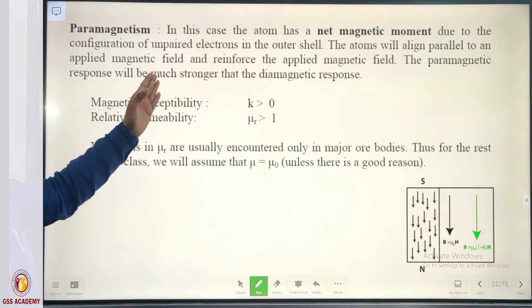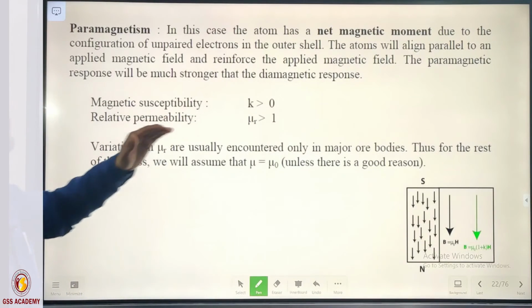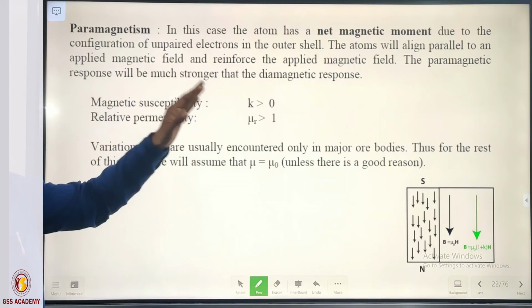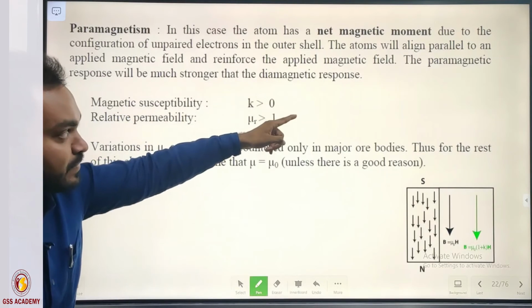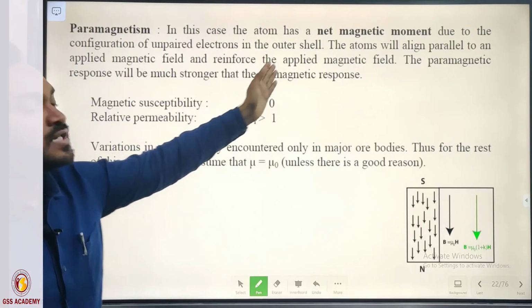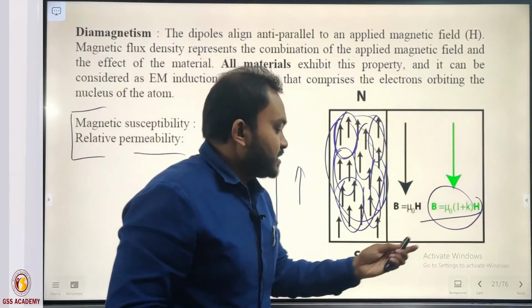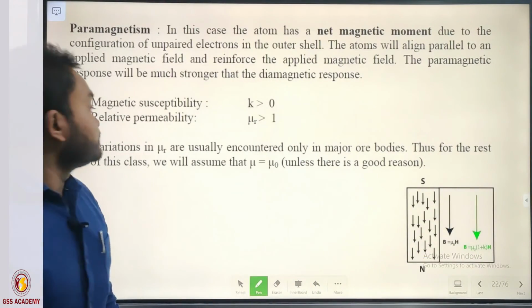In paramagnetism, the atoms have a net magnetic moment due to the configuration of unpaired electrons in the outer shell, and the atoms will align parallel to an applied magnetic field and reinforce it. The paramagnetic response will be much stronger than the diamagnetic response.